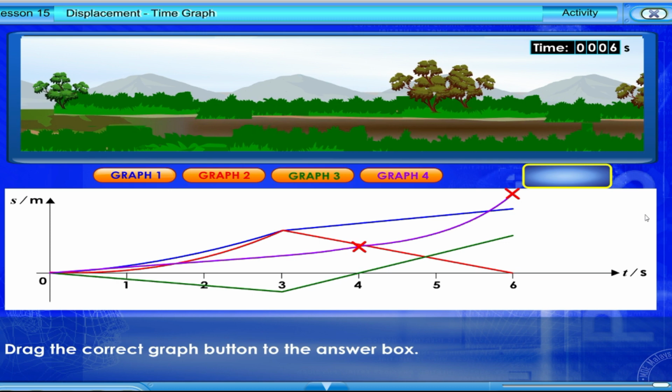Drag the correct graph button to the answer box. Try again. You are right. Good job.